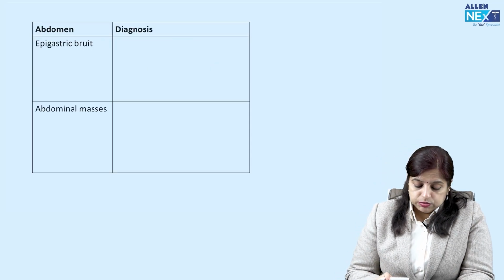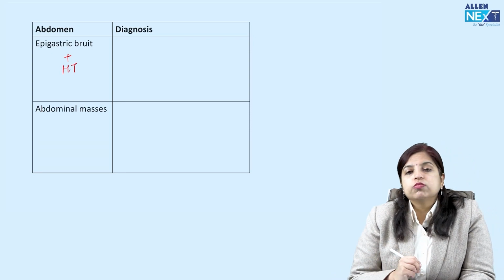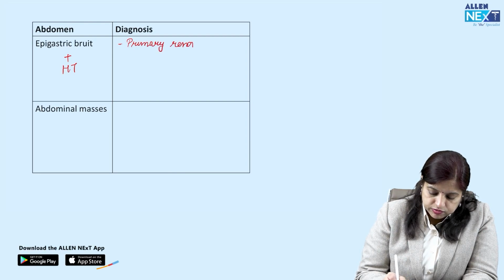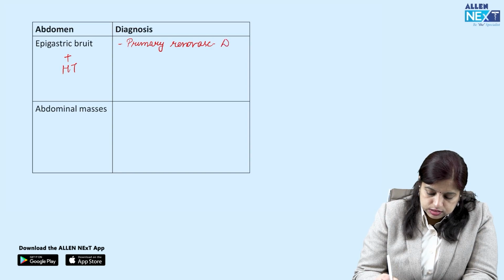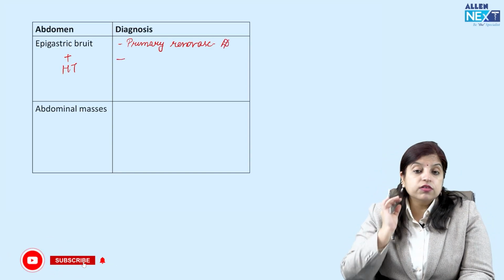Then you have something called epigastric bruit with hypertension. So, what all comes to your mind? This can be primary renovascular disease. Let us see this, renovascular disease. This can be the reason. What else can be the reason is Williams syndrome.